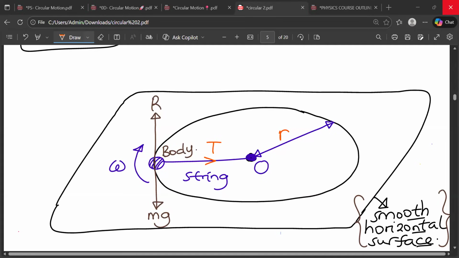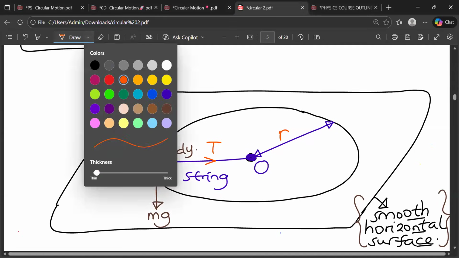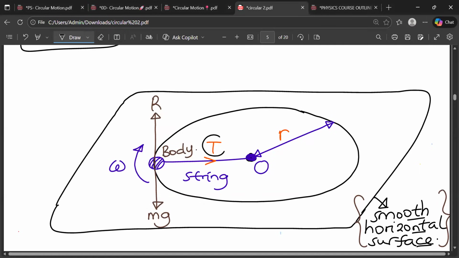We talked of electrons around the nucleus, planets around the sun, and a lot of things. And this time round, we are talking of our body around the center we've chosen. So the tension in that string is what will provide the necessary centripetal force to maintain the circular motion.